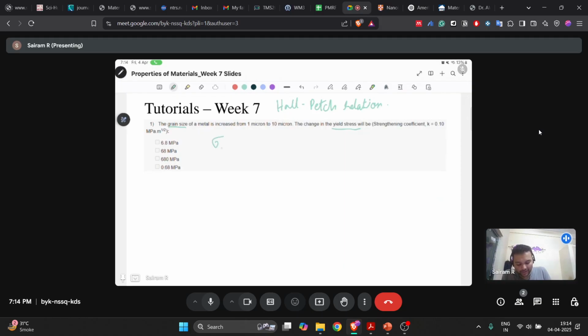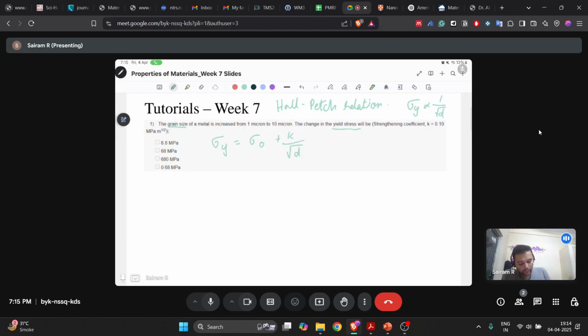We know the formula for the Hall-Petch relation to be sigma y equals sigma naught plus K by root D. So from here we get the relation that sigma y is inversely proportional to the square root of the grain size, or the grain diameter.